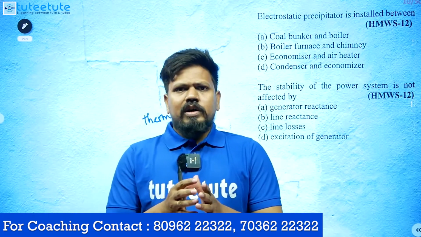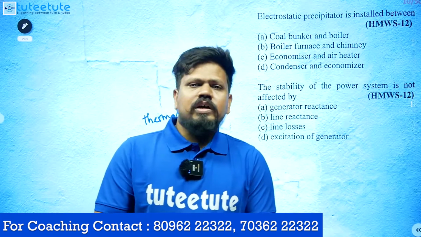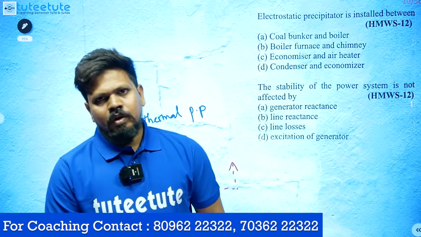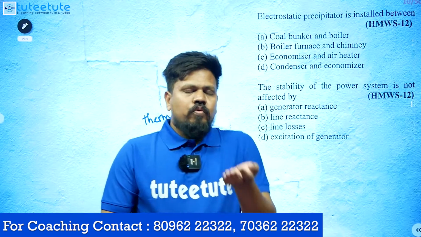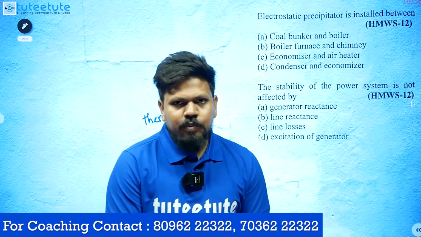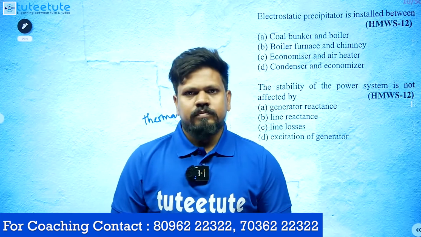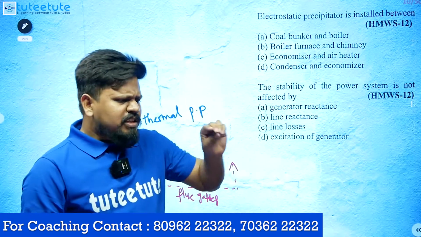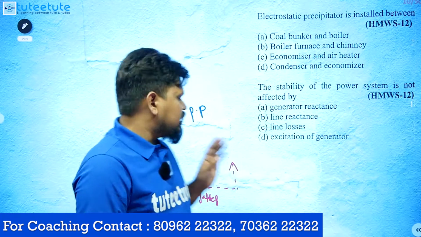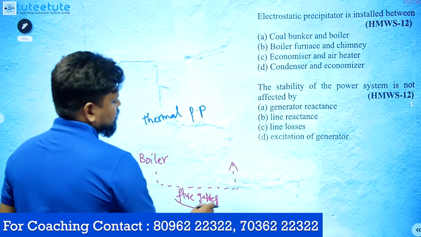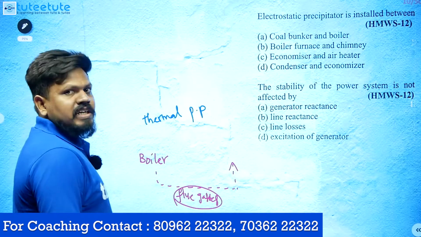Whenever coal is burnt, there will be some ash content. There are two types of ash: the one with more weight is called bottom ash, and the one with very little weight is called fly ash. Understood, right? This fly ash is carried along with the flue gases, which are very dangerous gases.